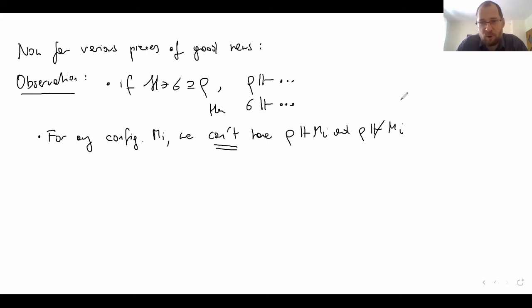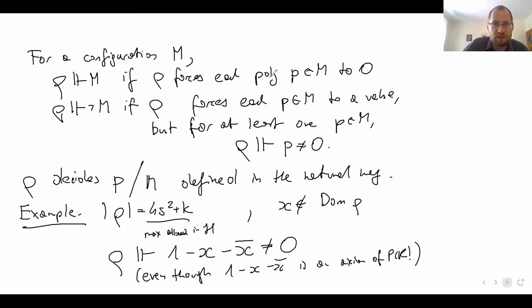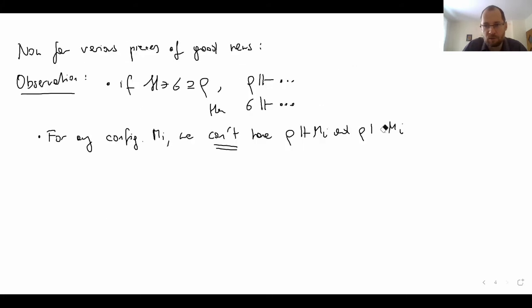Sorry, I messed up the notation. What I wanted to write here is rho forces not mi. What I wanted to point out is that you can't force a configuration to both true and false.